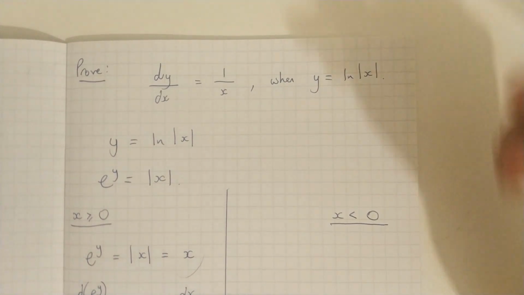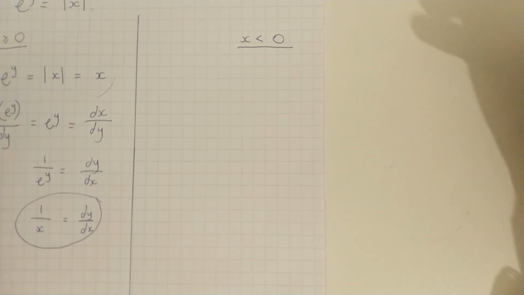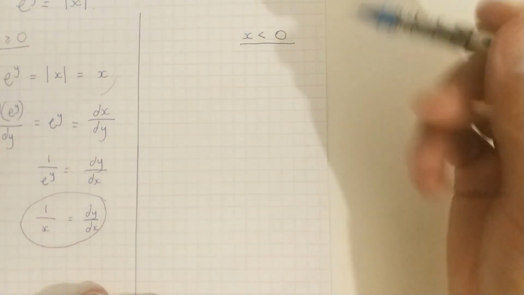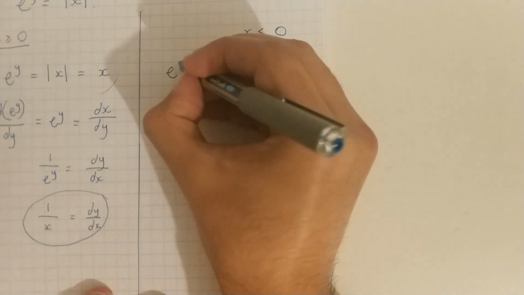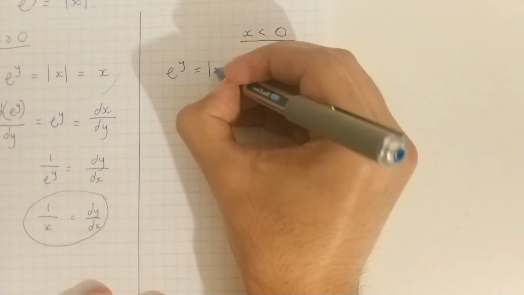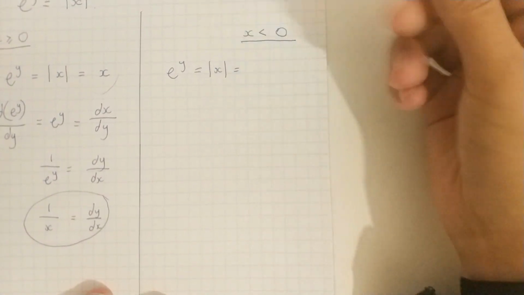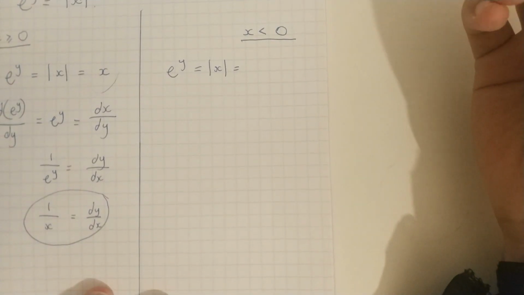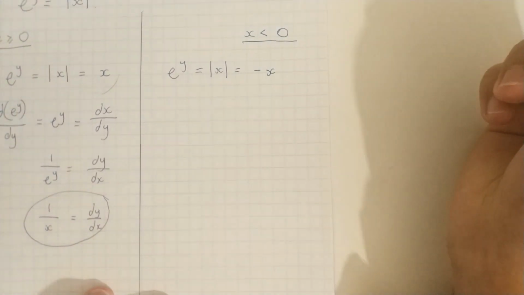So what we're going to do next is do exactly the same thing for this negative side. It's going to be very similar, a tiny bit different. This time we've got e to the y, again equal to the modulus of x. But because x is now less than 0, modulus of x, as we said on the previous page, has to be negative x.